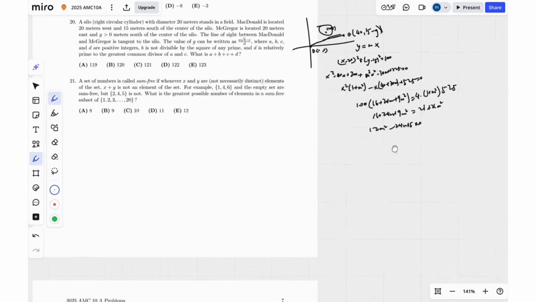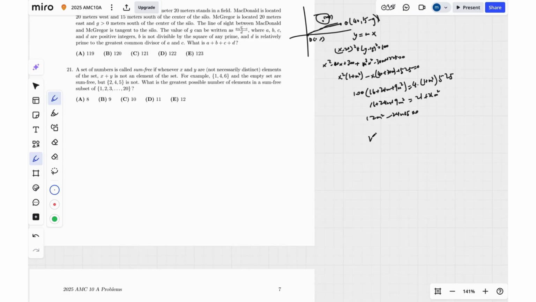So now we can just keep solving. M equals... so now we keep simplifying.